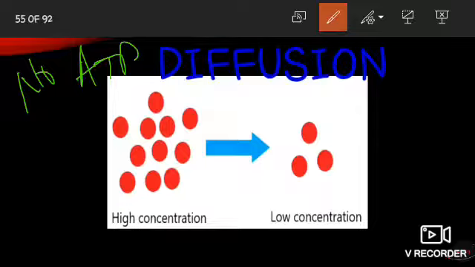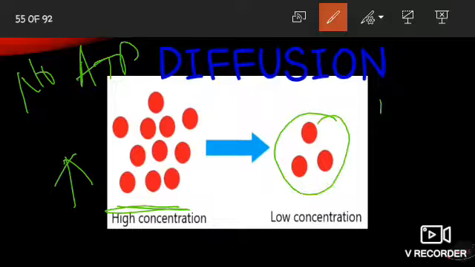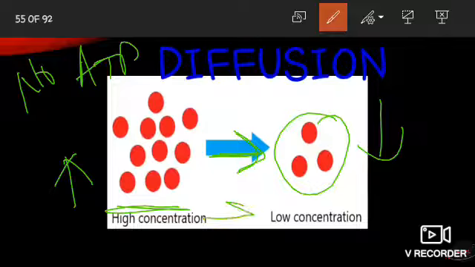As you can see in this diagram also, here concentration of particle is high and here concentration of particle is low, and this arrow shows the movement from high concentration to low concentration. So diffusion is a passive process in which movement of particles will always be from high concentration to low concentration.